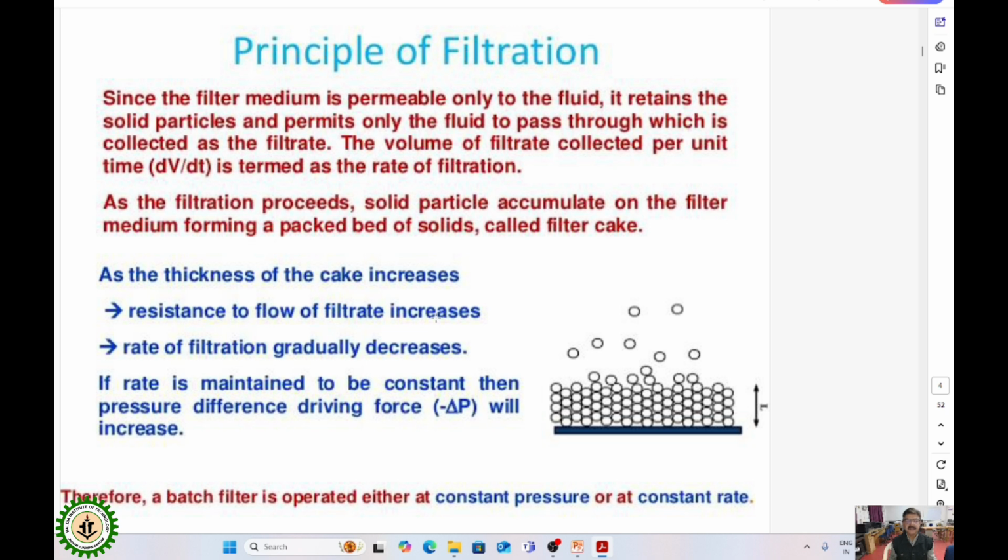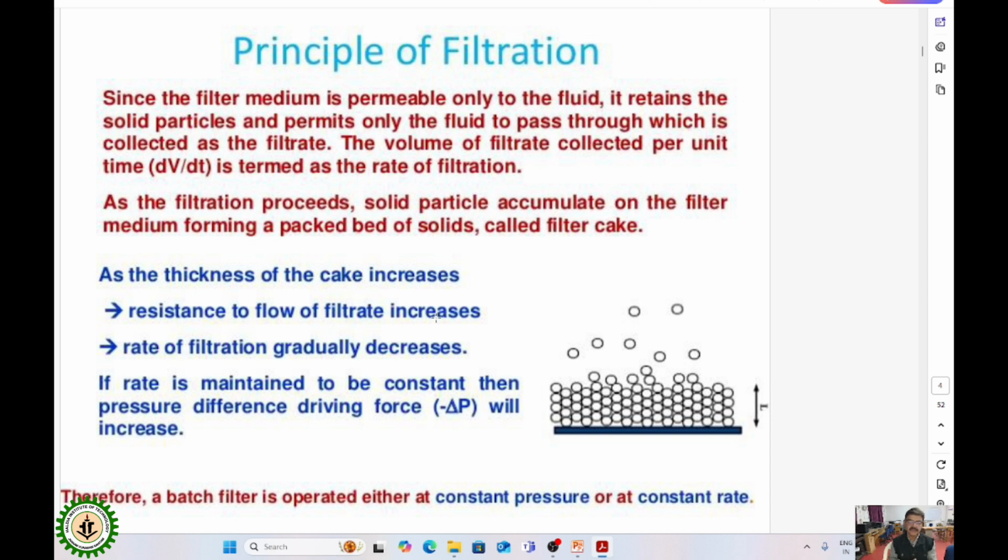So the principle of filtration, if we say, filtering media is permeable only to the fluid, and it retains the solid particles and permeates only the fluid. And so with time, on the surface of the filtering media, the solids will be depositing more and more.